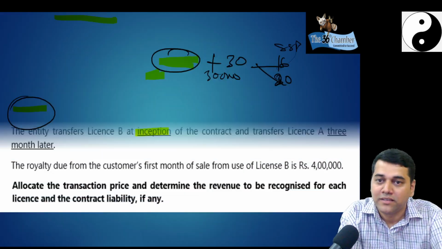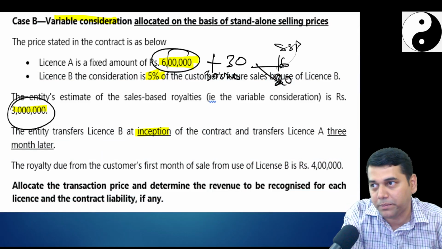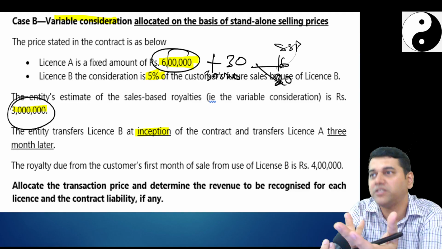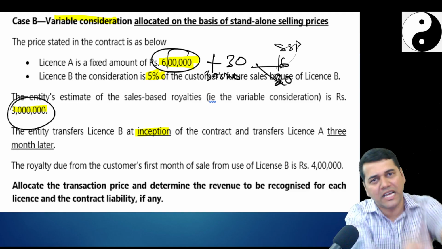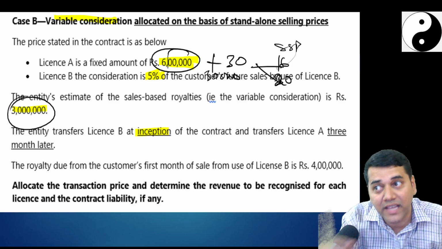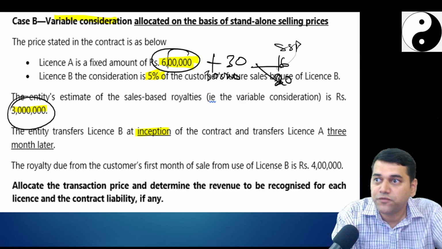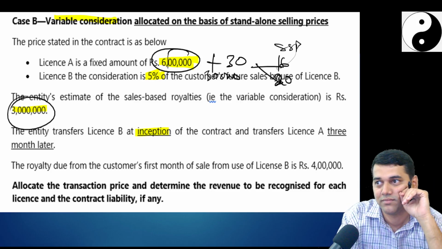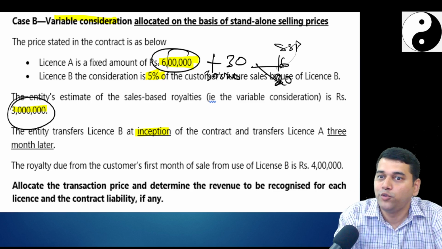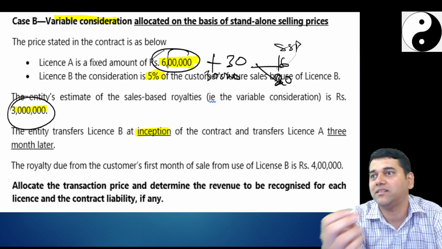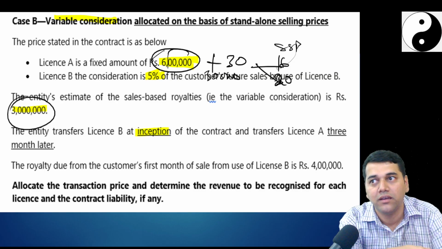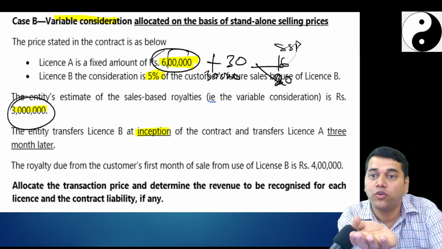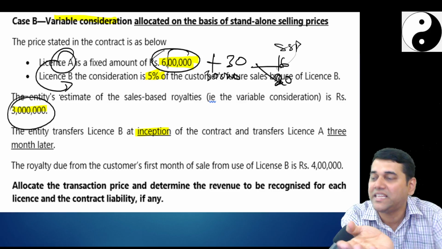But this time, since variable also got allocated to both the people, for fixed portion, there is no exception. You transfer, you recognize. But for sale and usage based, you transfer or you sell, whichever is later. And what you sell, you don't sell A as per contract. Variable consideration is for B. But why did you increase that? Because A is also sitting there.